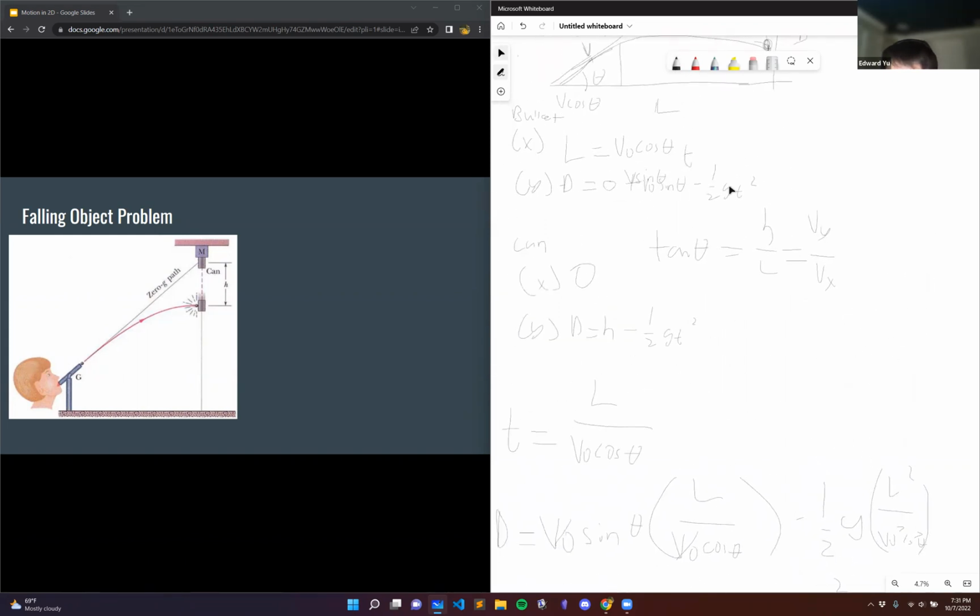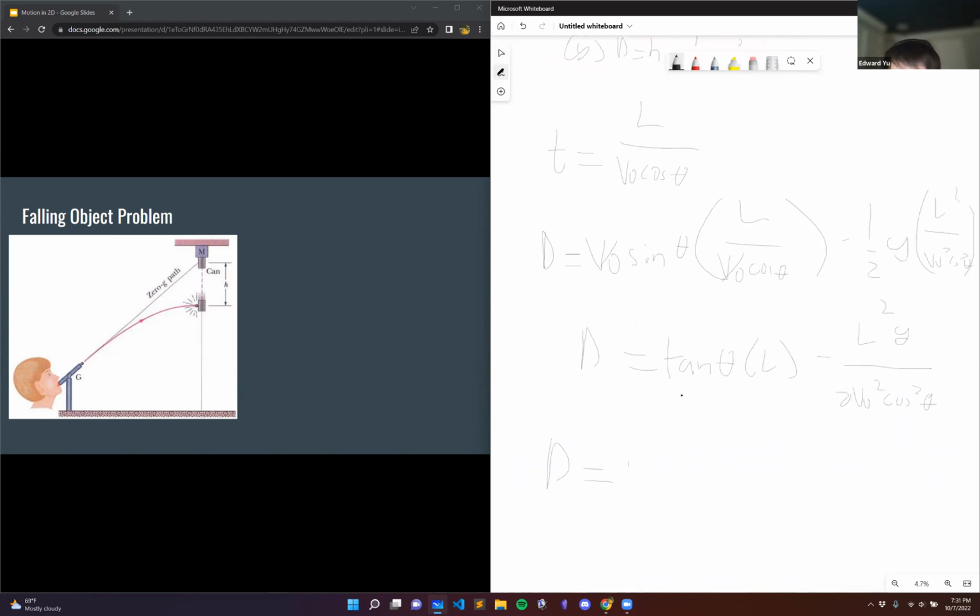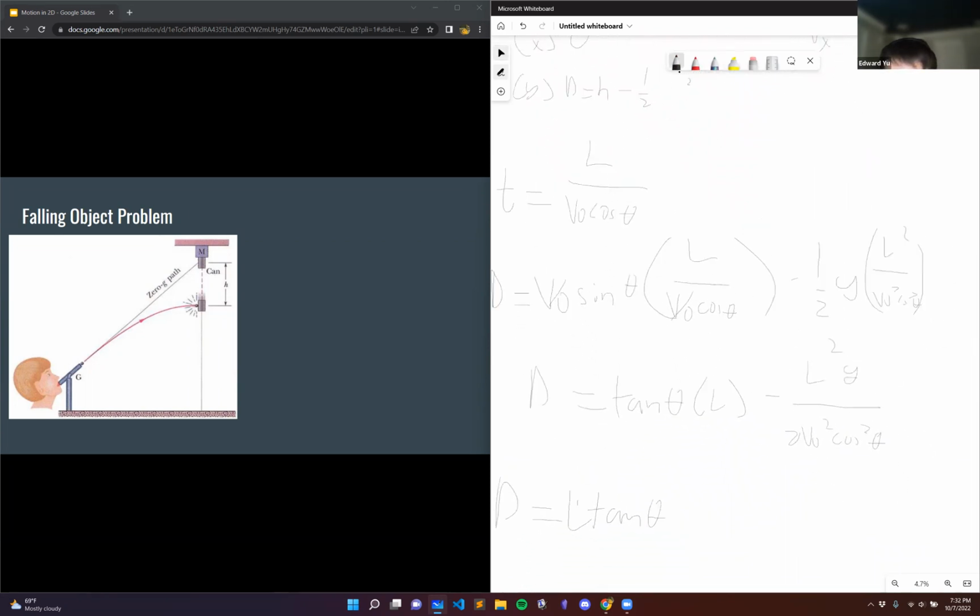Since h is equal to L times tangent theta, we can just write h as L times tangent theta. And then if we plug this in, minus 1/2 gt squared, you would get this as well. So you can see that the distances would be equal when the gun is aiming at the can.